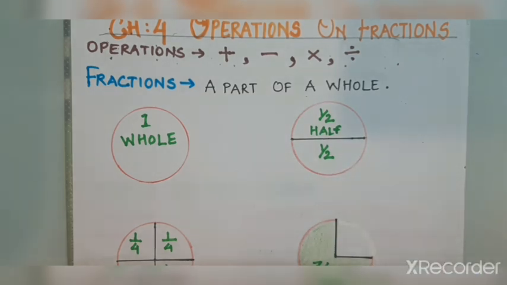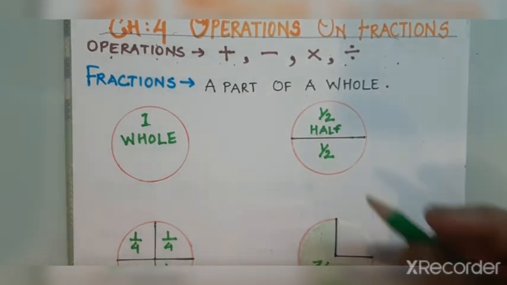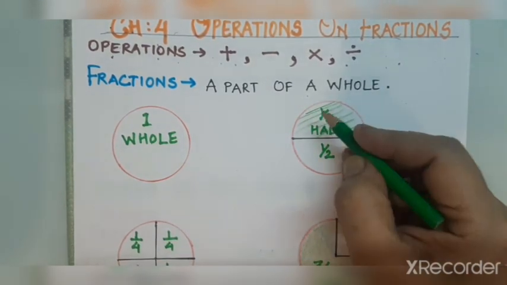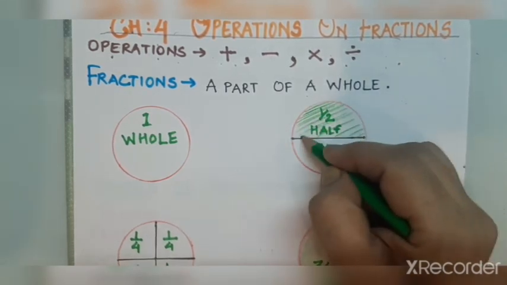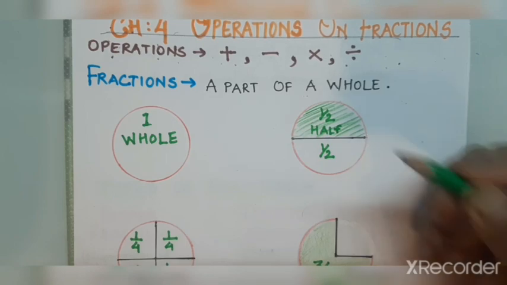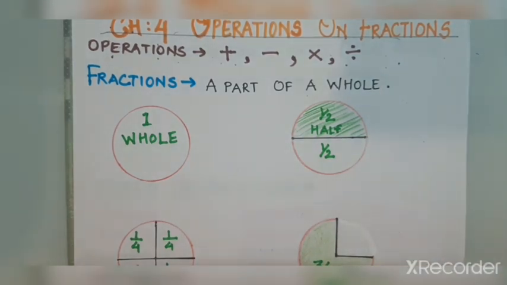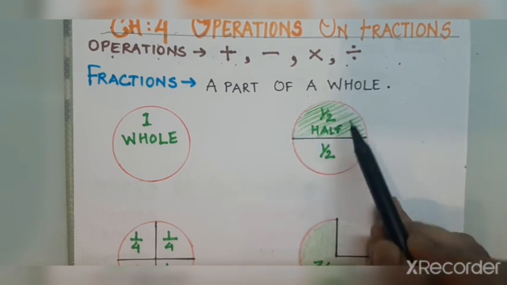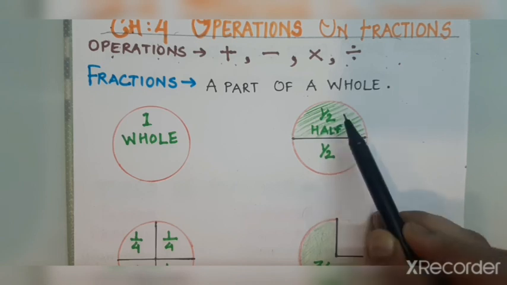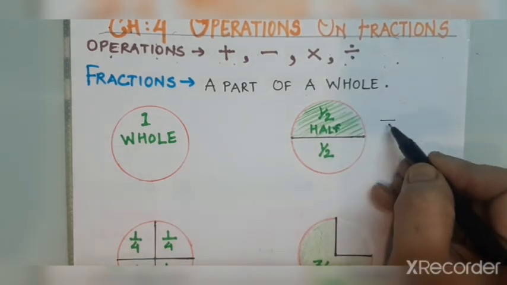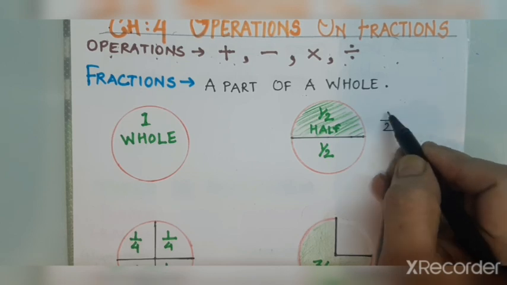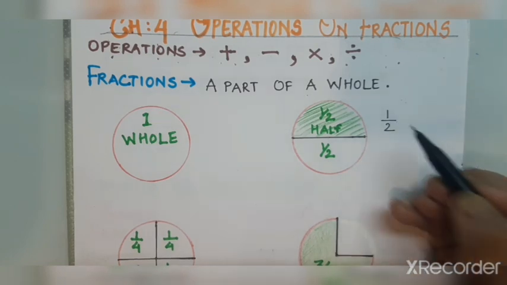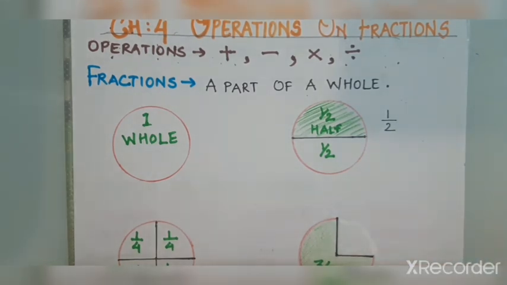When we are talking about only the top part, which I am shading now, this becomes the half. Half means from the full we are taking this half part. This full we have divided into two parts. So how do we write half? Out of two parts, 1. So 1 out of 2, and therefore it is written as half, 1 upon 2.